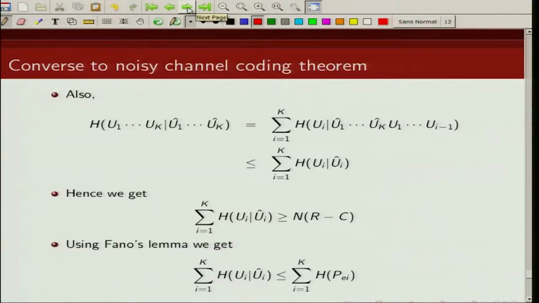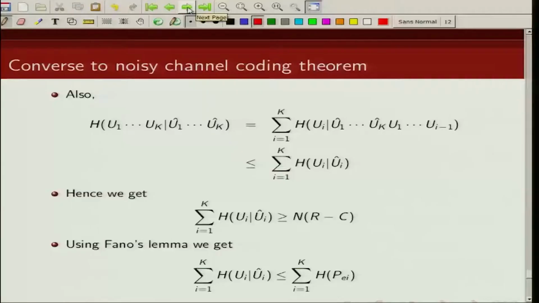Now what do we know from Fano's lemma? From Fano's lemma we know that the uncertainty in ui given ui hat is less than or equal to Pe log of (L minus 1) plus H of Pe, where this random variable ui can take L possible values. In this case, L is 2 because it is a binary random variable.